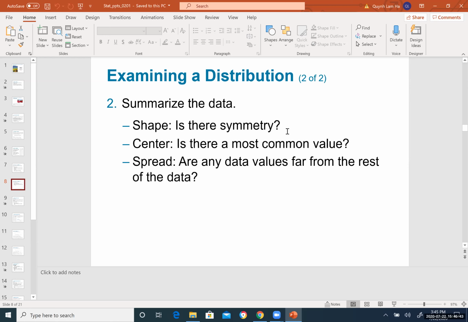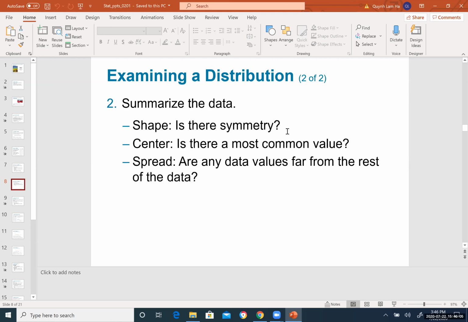Symmetry is one of the shapes we call unimodal. Here they just put one question, but in the next slide, hopefully you can see all the types of shape, so you can understand what I'm talking about.